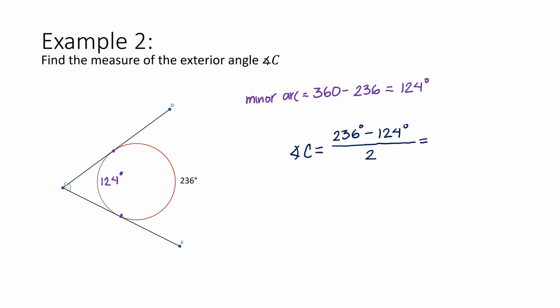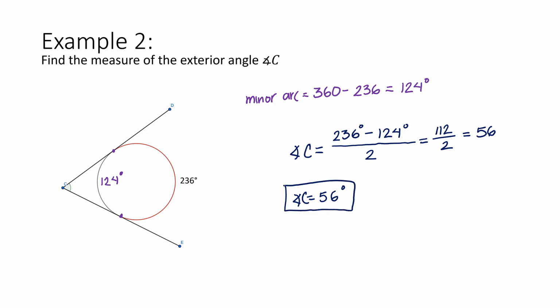That equals 236 minus 124 is 112, over 2. And 112 over 2 is 56. So angle C equals 56 degrees.